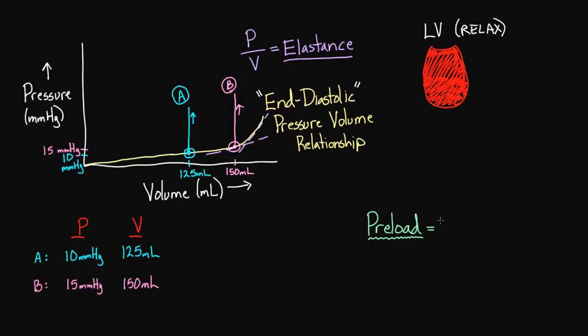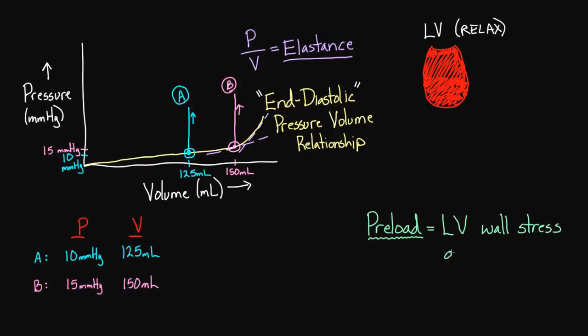And I'm going to define preload as being equal to the wall stress. Well, in fact, let me go back half a step, and I'll say not even just wall stress, but left ventricular wall stress when contraction began. But I'm not going to say when contraction began.